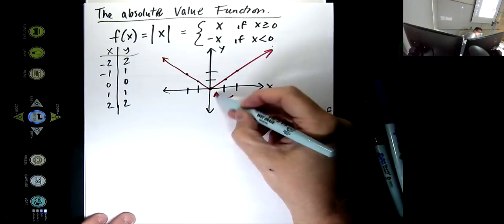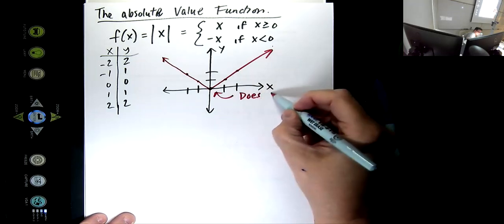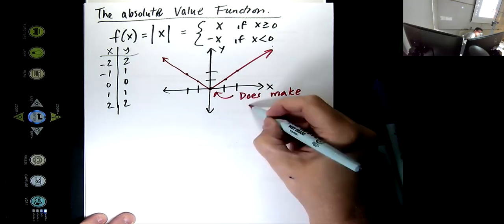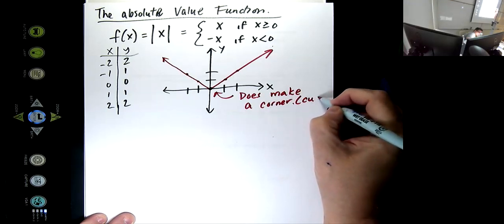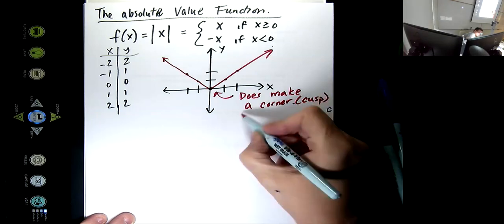This does make a corner called a cusp. It's pointy.